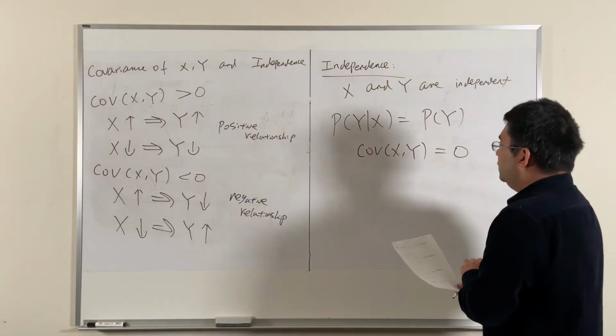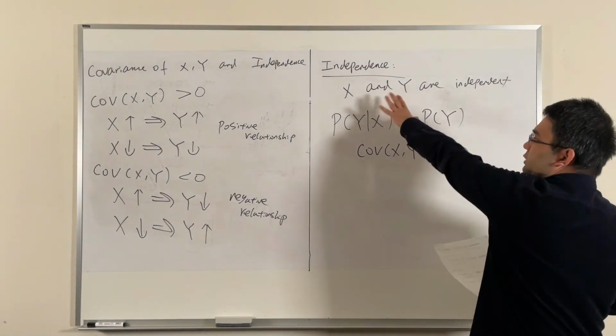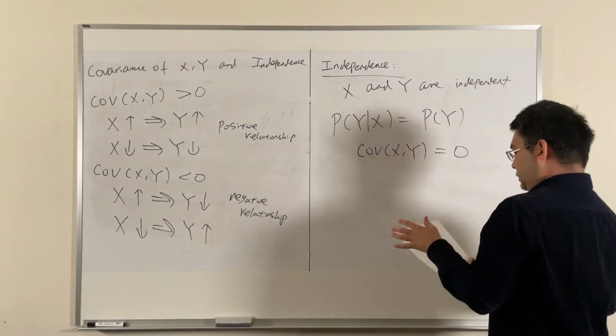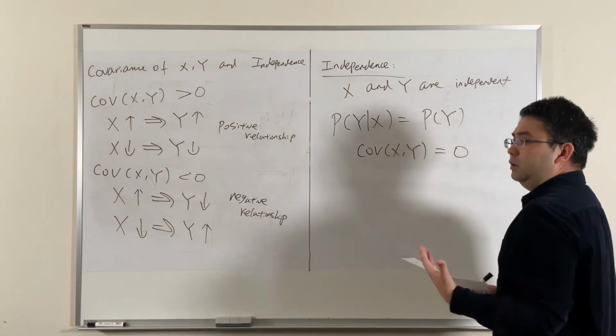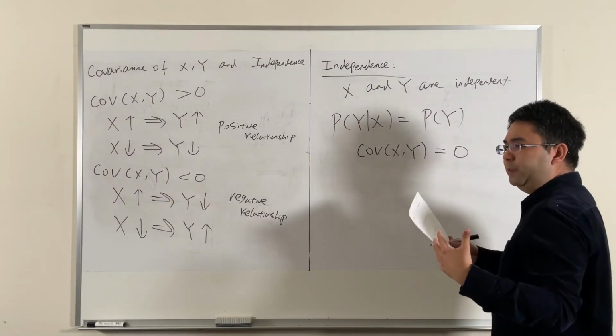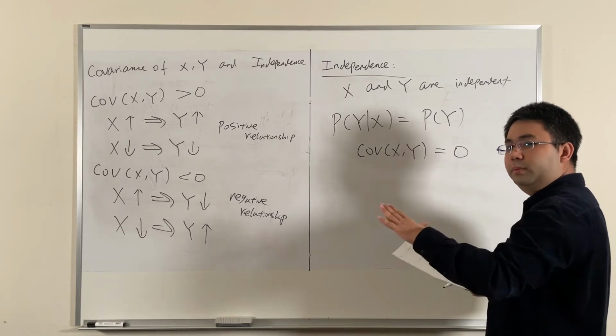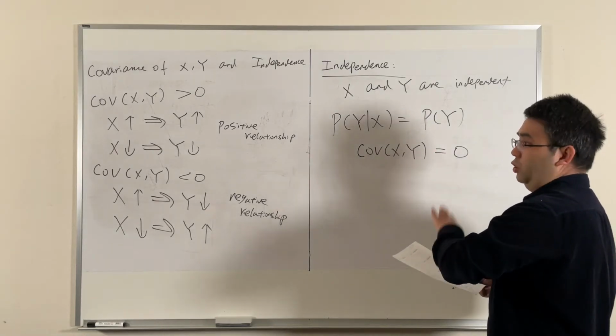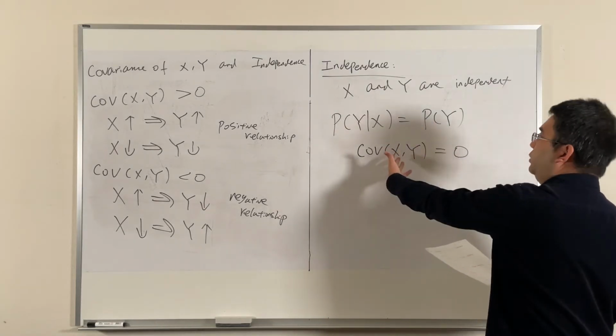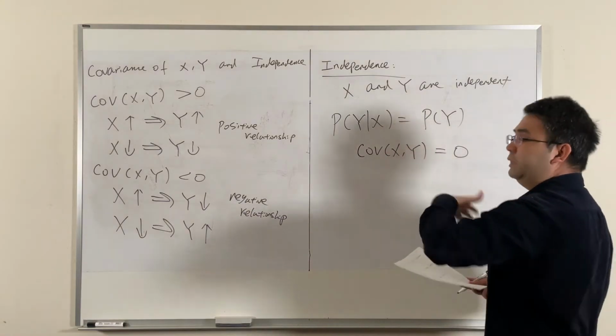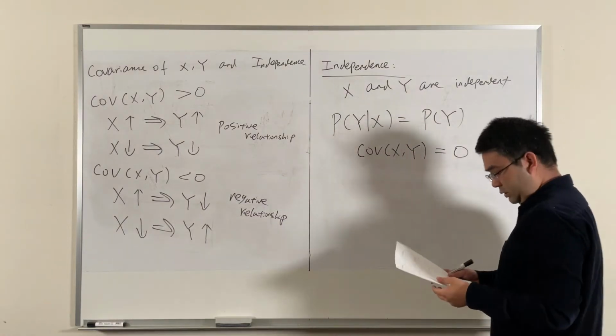Okay. And why is this helpful? The concept of independence is helpful. Remember when we calculate the variance of X plus Y, we have the 2 multiplied by the covariance of X and Y term. So if we know X and Y are independent, that formula will change.